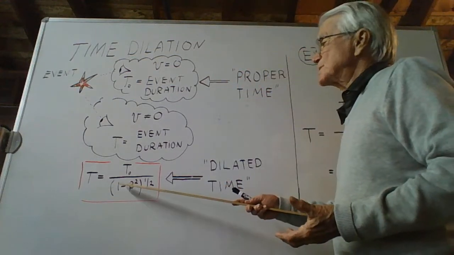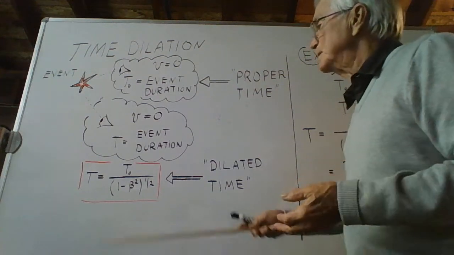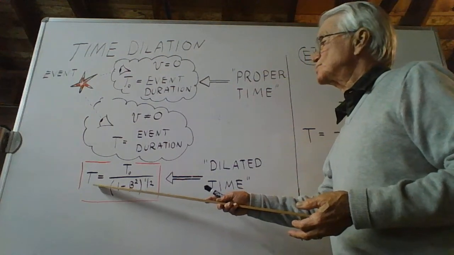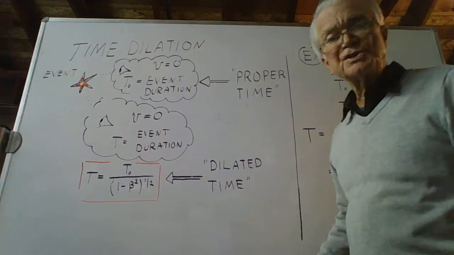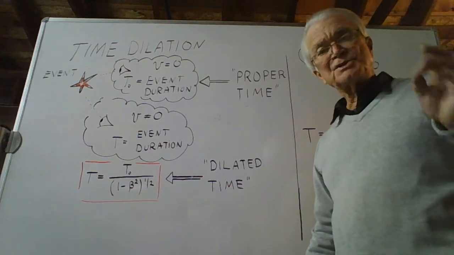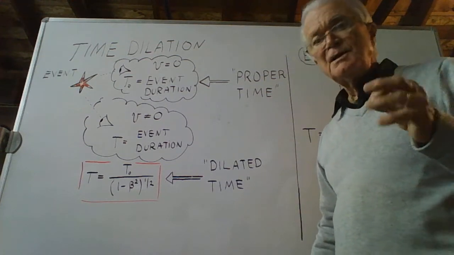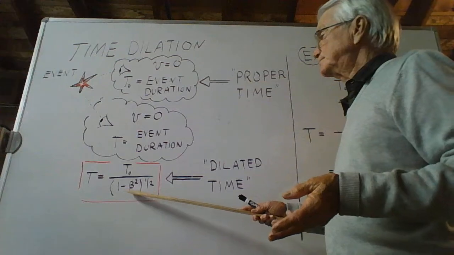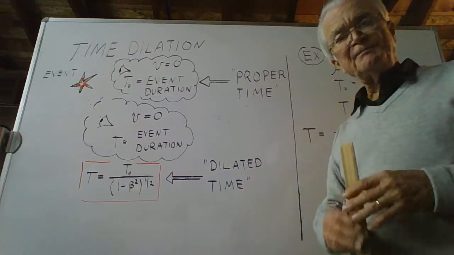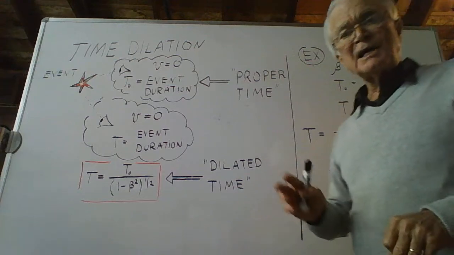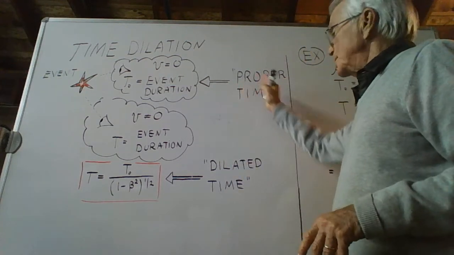The time that's calculated by those who are moving relative to an event, symbolized T, no subscript, is equal to this equation. You'll recognize beta from our previous study. It's the ratio of the relative speed v to the speed of light. This time is called the dilated time because it's a longer time than the so-called proper time.